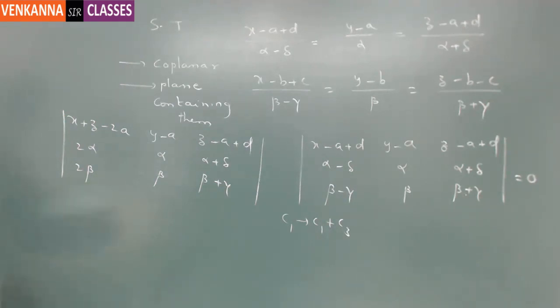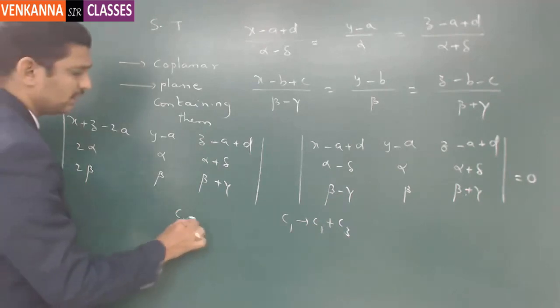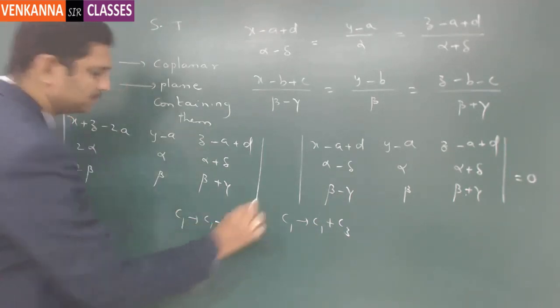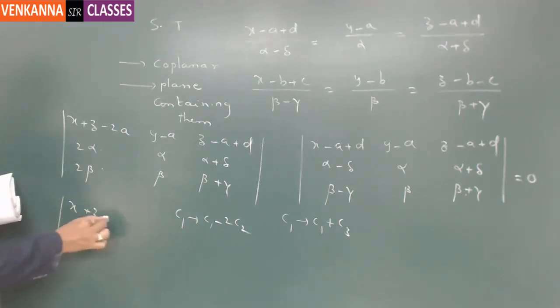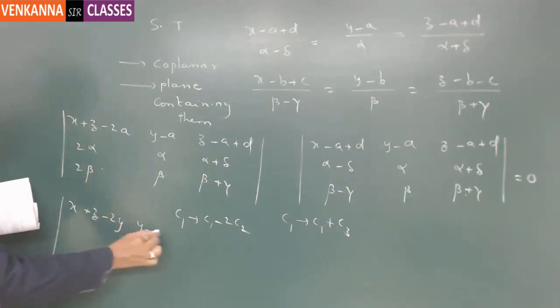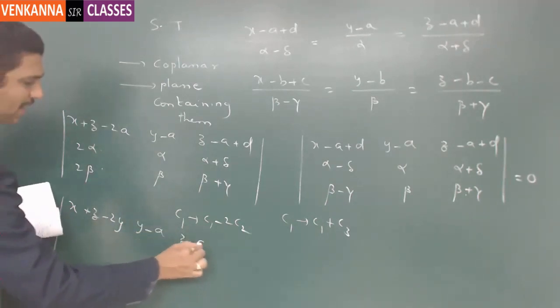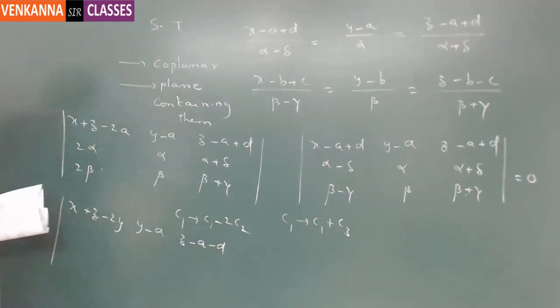Again, you can do C1 tends to C1 minus 2C2, so that these two parts will become 0. Hence, you have the determinant x plus z minus 2y, y minus a, z minus a minus d.